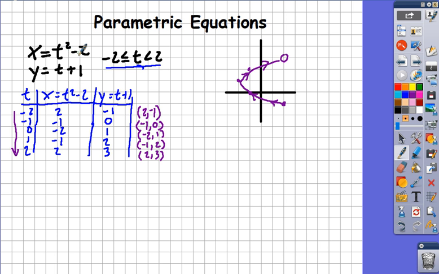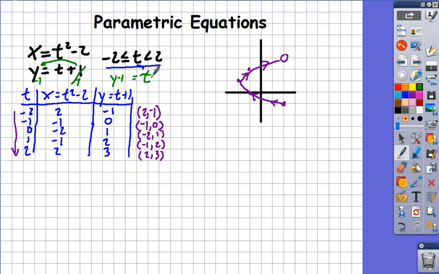Is t squared minus 2 going to be easier to get t by itself, or is t plus 1 going to be easier? You got it. t plus 1 is going to be easier. We're going to do that by moving the 1 over here with subtraction to cancel it there. So we're going to be left with t equals y minus 1.